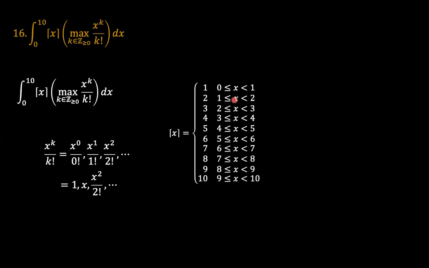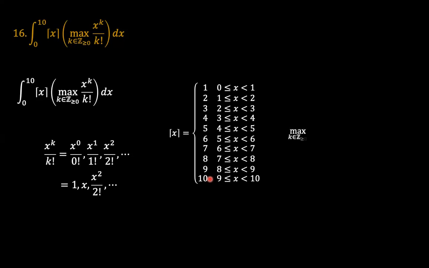Between integers 1 and 2, the ceiling function of x is going to be 2. Between 2 and 3, it is going to be 3, and so on. And between 9 and 10, the ceiling function is going to be 10. In other words, the general way of looking at it is, if x is between integers k and k plus 1, the ceiling function of x is always equal to k plus 1.